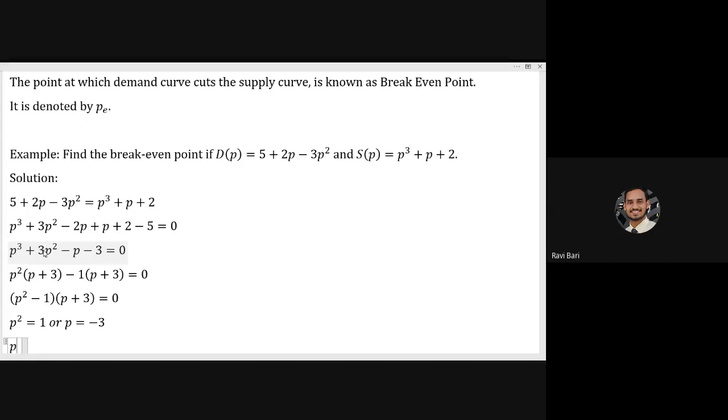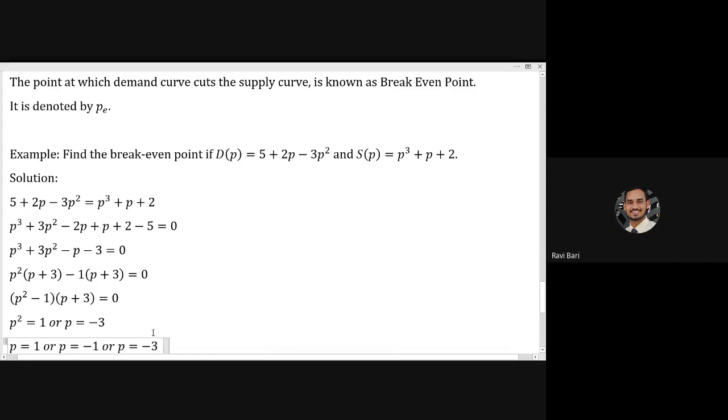Further, P square is 1, that means P is equal to 1 or P is equal to minus 1, or P is equal to minus 3. So here you can see we are getting negative values of P. Price cannot be negative, so these values will not be possible.